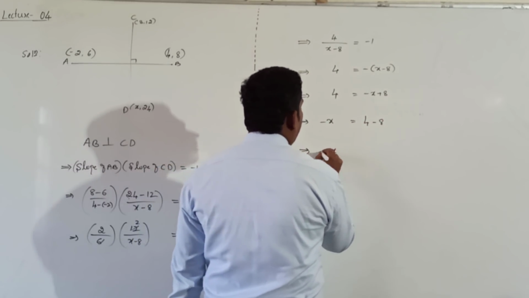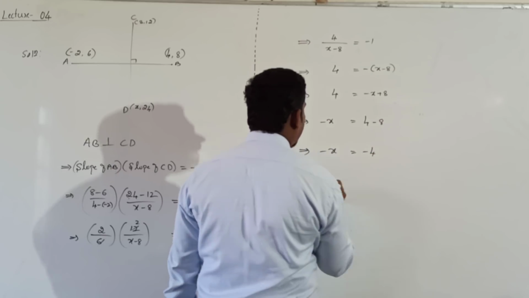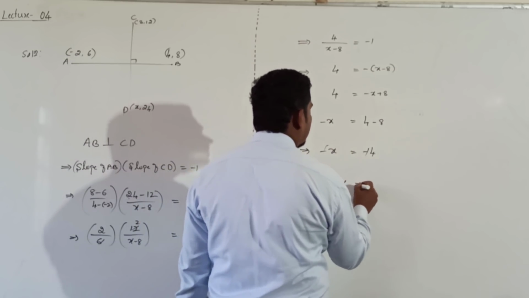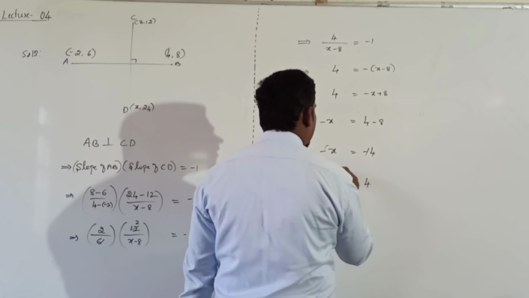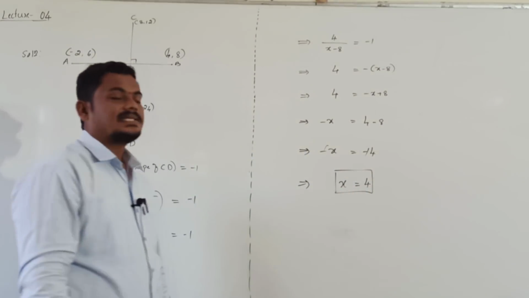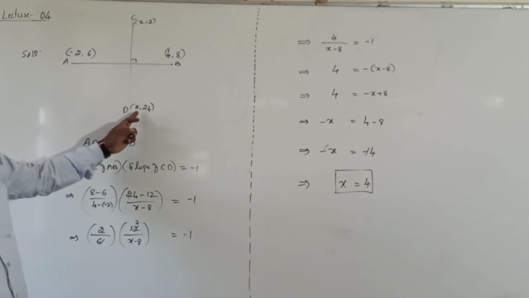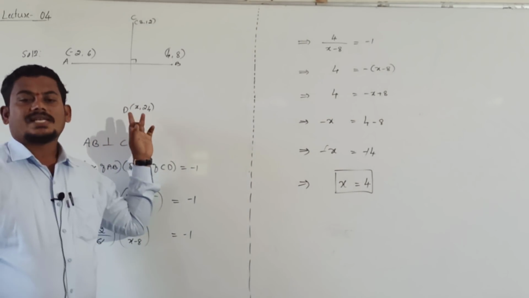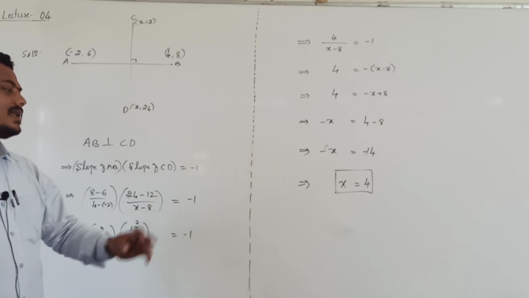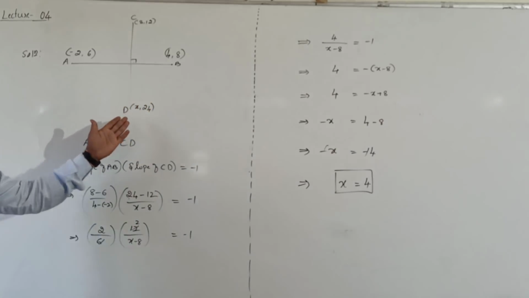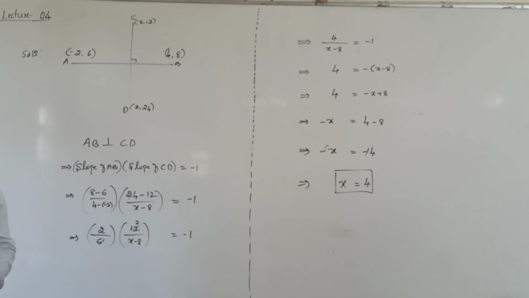Then minus x equal to -4, right? Then on both sides the negative sign gets cancelled. Then x equal to 4. When these two lines are perpendicular, the x value is clearly 4, right?